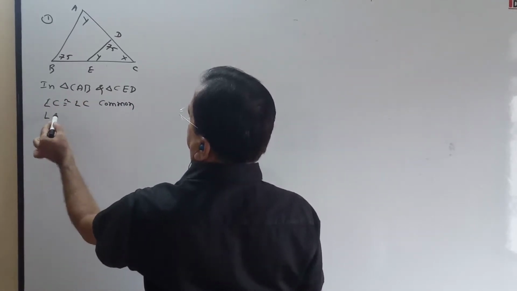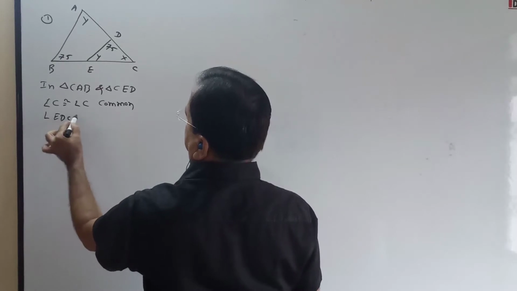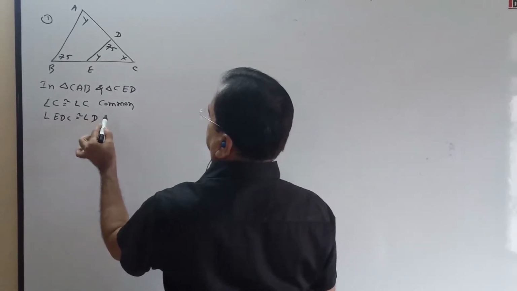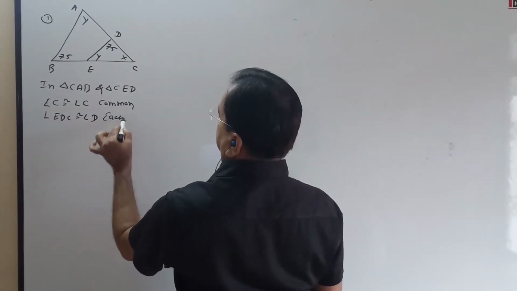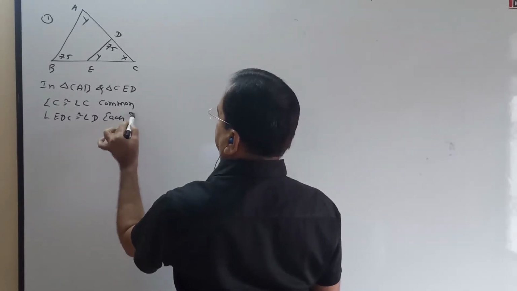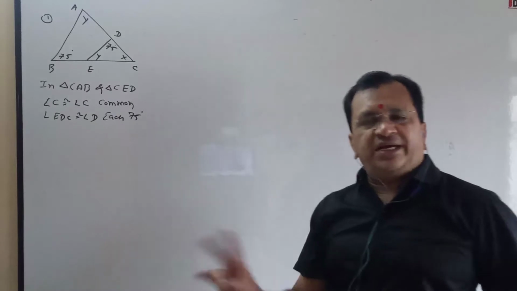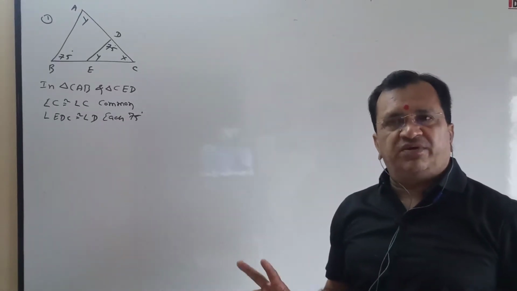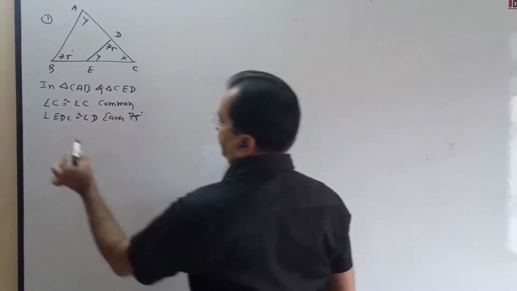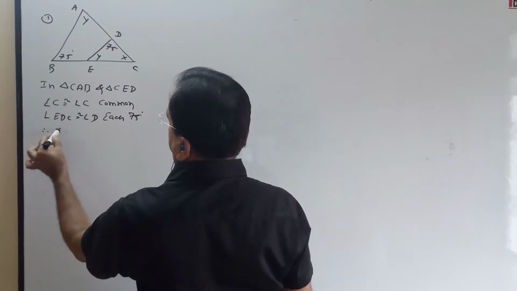Angle D means EDC. Each 75 is given. So in two triangles, two angles are equal, so it is similar by AA.